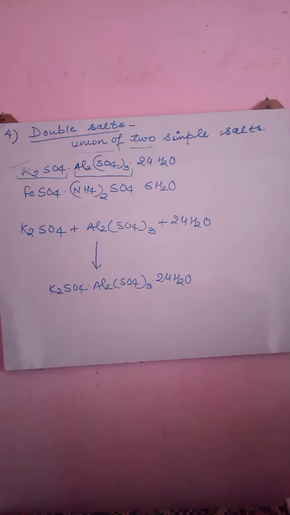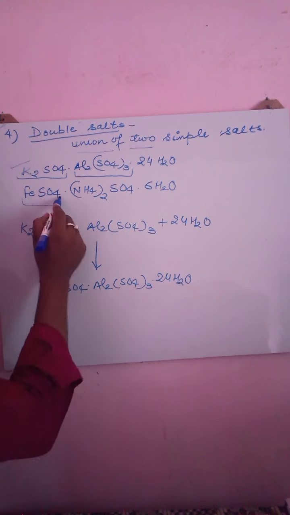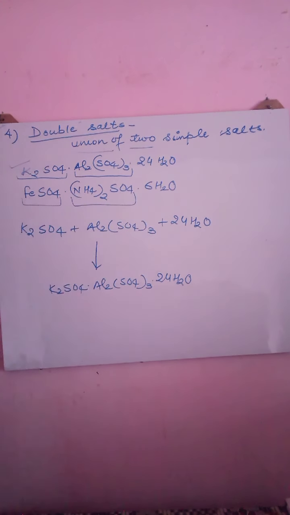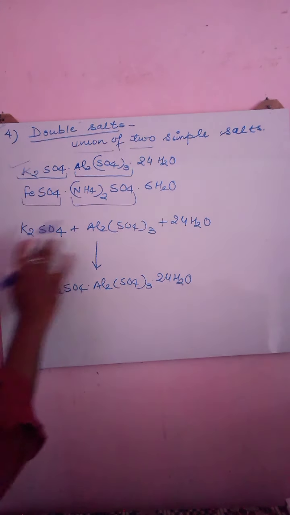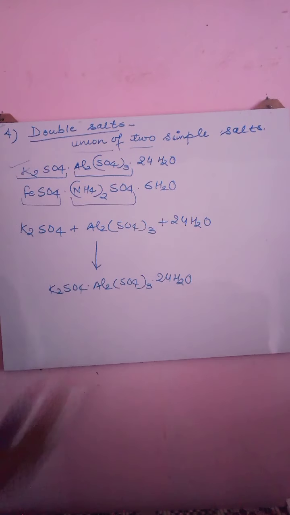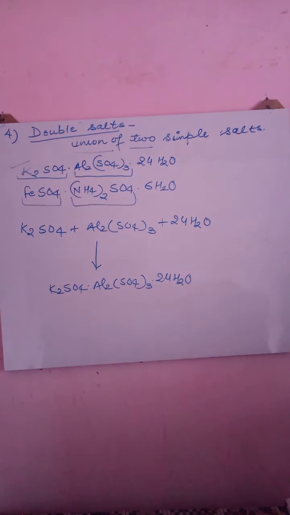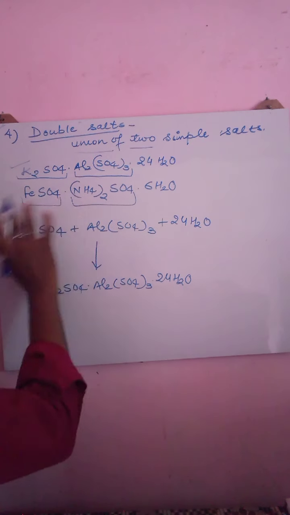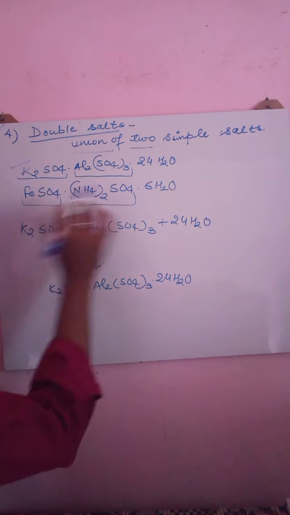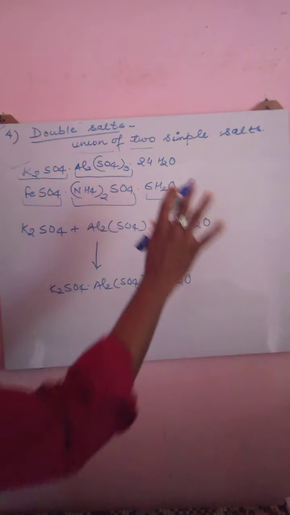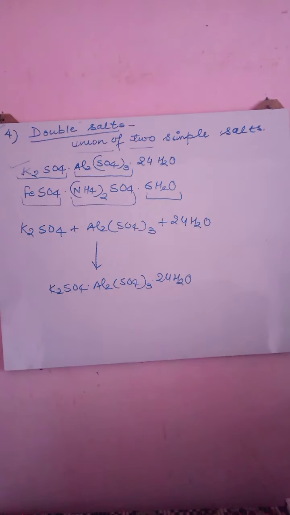Similarly, if we talk about ferrous ammonium sulfate.6H2O, the two simple salts are ferrous sulfate and ammonium sulfate. They combine together in the same way as I have given in the example of potassium sulfate and aluminium sulfate. Here ferrous sulfate and ammonium sulfate combine together. In the case of ferrous ammonium sulfate, only 6 waters of crystallization are associated.